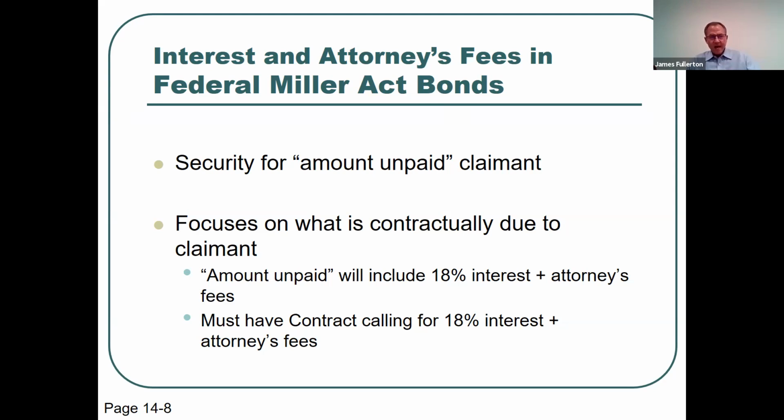It doesn't matter how egregious their default is. And similarly, if you don't have a contract calling for attorney's fees, that is not an amount unpaid that you can recover under a payment bond.